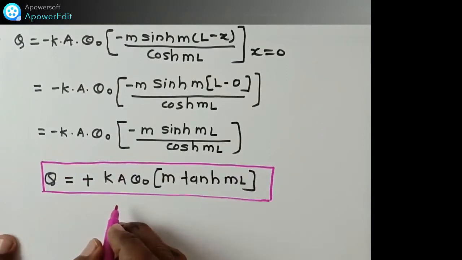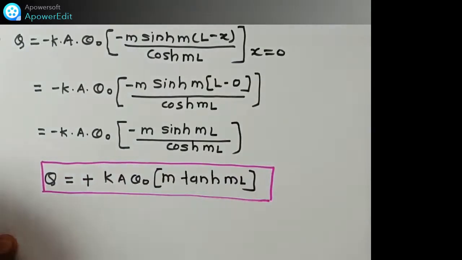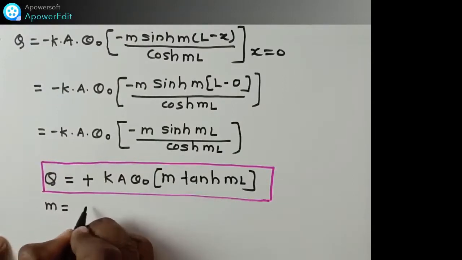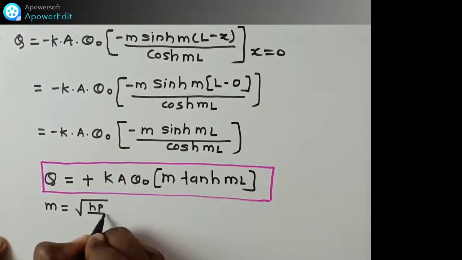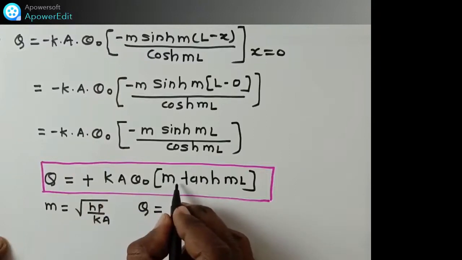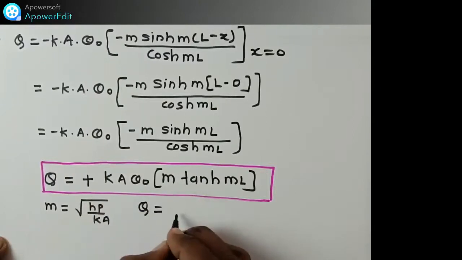Now next to this, as in the last video we have considered m is equal to square root of hP by kA. So in the above equation we can write square root of hP by kA in place of m.